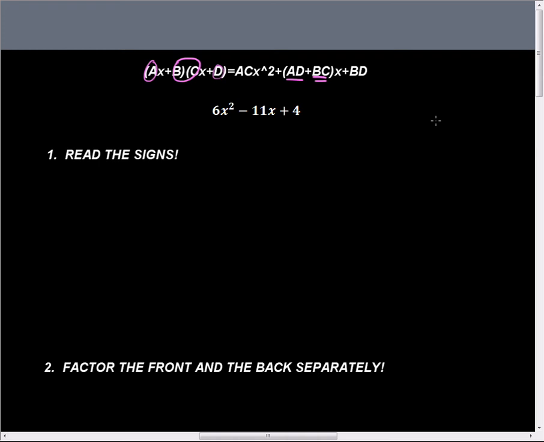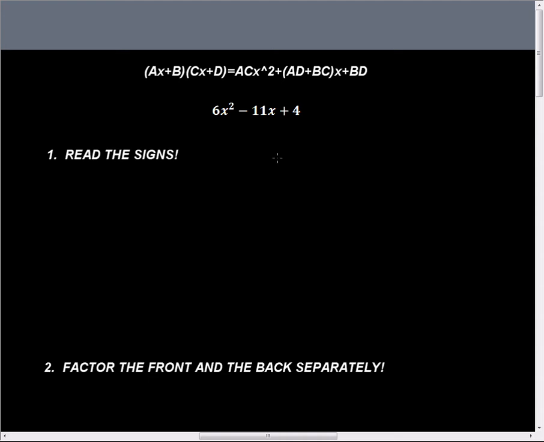Now, there are things that you can do to minimize the guesswork. Ultimately, though, this is a trial and error sort of method, but I find that it's actually a little faster than grouping, mostly because you have to go through the same steps, but this just sets it up for you. So let's go ahead and get started.